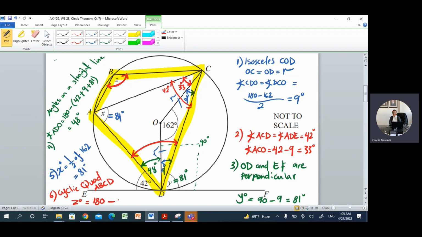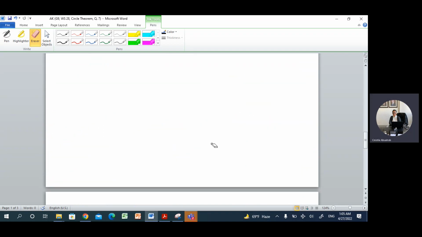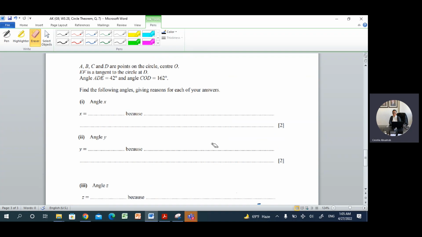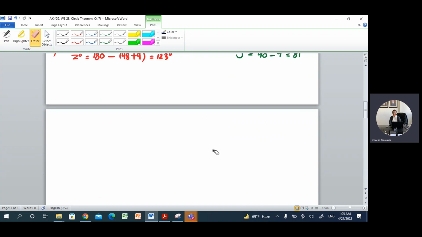So 180 minus (48 plus 9) will bring the angle down to 123 degrees. So Z is equal to 123 degrees. And so I think we found all the angles here, X, Y, and Z. We can go down here to answer the questions basically.